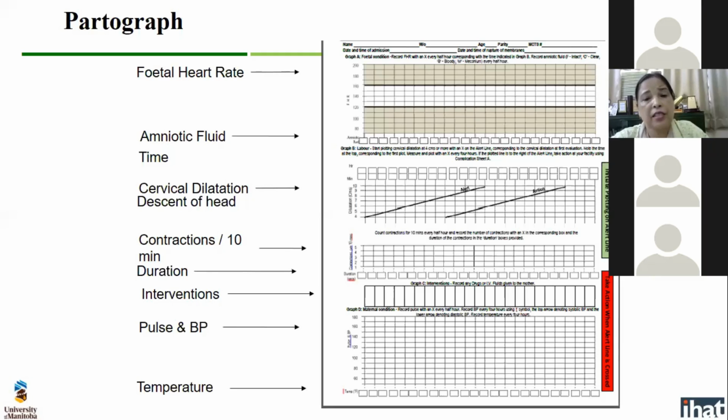Below that, there is a column for recording uterine contractions in 10 minutes, and whatever drugs the mother is receiving. And the bottom part shows the maternal vitals: pulse, BP, temperature, and urinary output. Sometimes some partographs also give detailed information on urine, such as whether there is ketone in the urine, or albumin or protein. So that is the bottom part. Okay, next.